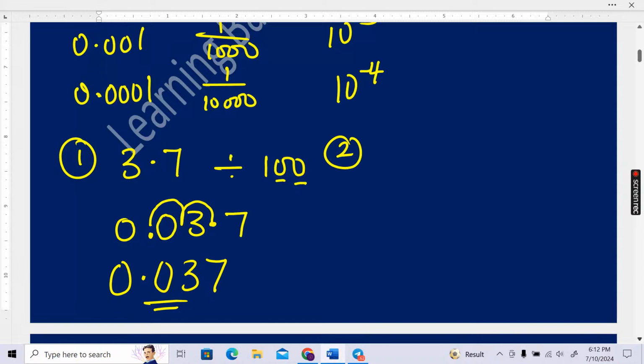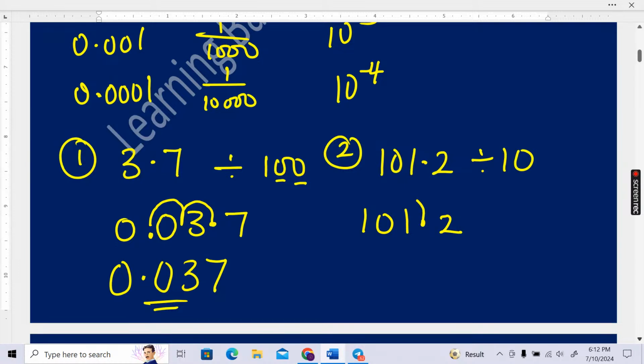This is another example. 101.2 divided by 10. So I'll have 101.2. I'm dividing by powers of 10, so I'm going to move my decimal point one place to the left because 10 has only one zero.